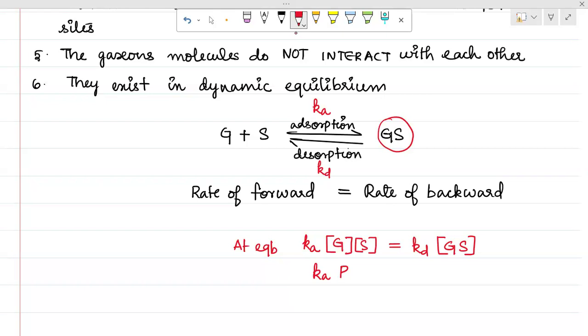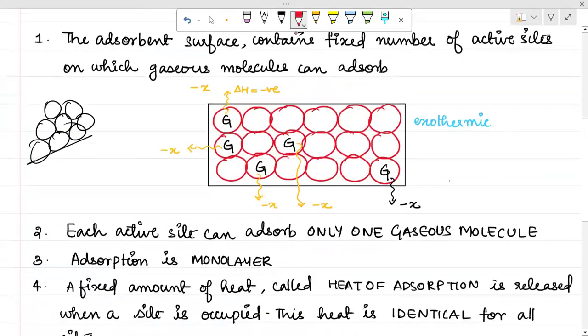Now, S and GS, how are you going to represent? Understand that for GS, if you consider this particular diagram, there are 18 active sites, and out of which 1, 2, 3, 4, 5 are occupied.